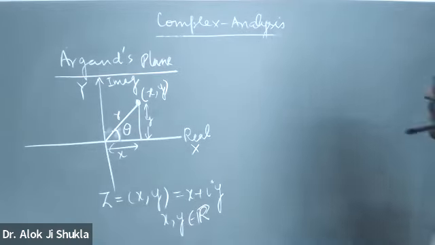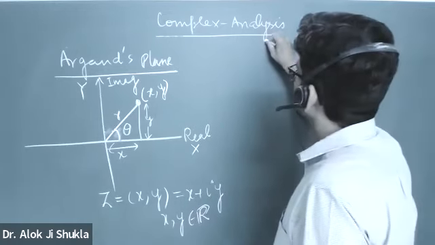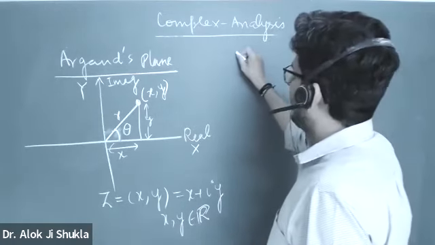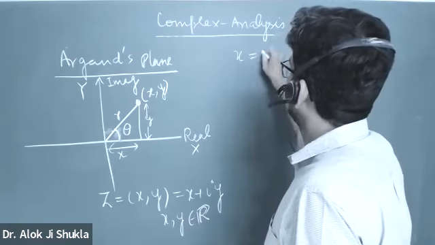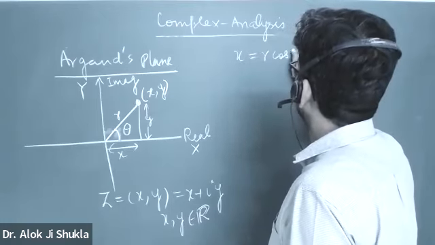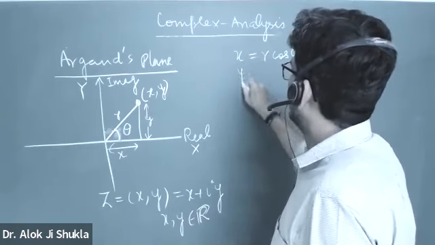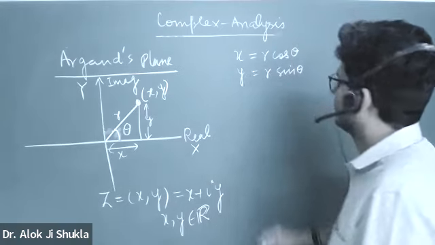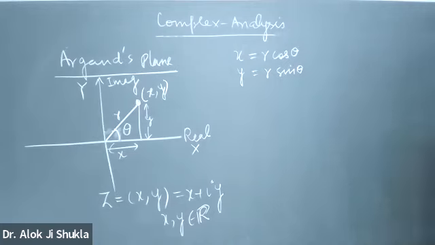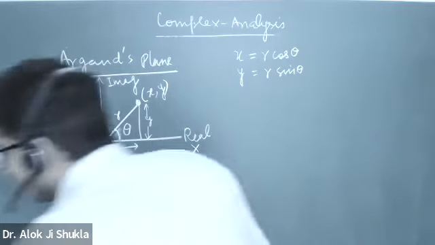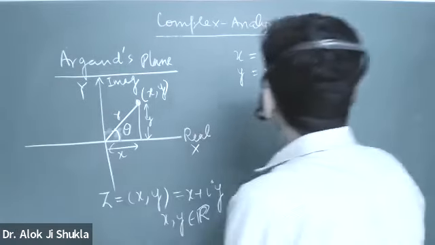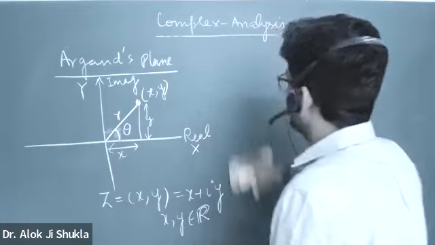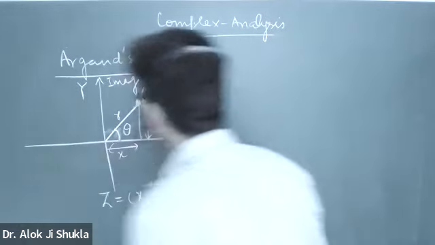Like you have written x is equal to r cos theta and also y is equal to r sin theta. This you have written. Okay. So it's coming out to be naturally. And also I will discuss here now the origin of Euler's equation.